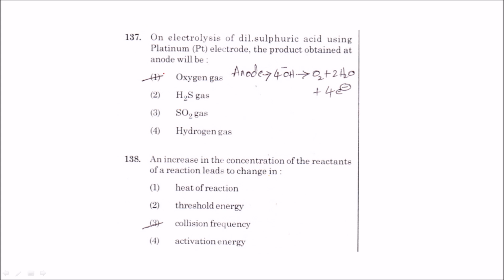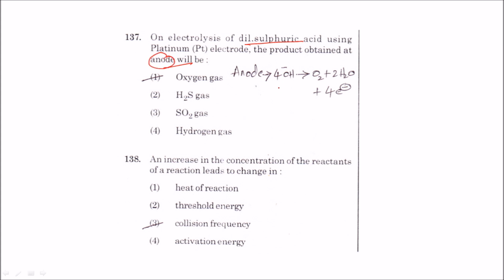Okay, question number 137 is on electrolysis of dilute sulfuric acid. Electrolysis reaction of H2SO4 dilute using platinum electrode. The product obtained at the anode will be, right, we already know at anode oxidation takes place.